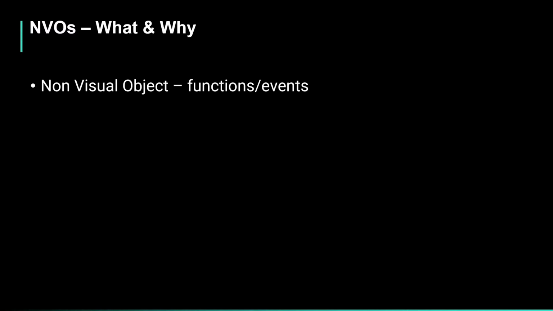So how they're used depends on the auto instantiate property. So you have standard and auto-instantiated non-visual objects. If the property is true, then it's an auto-instantiated NVO, and if it's false, then it's a standard.